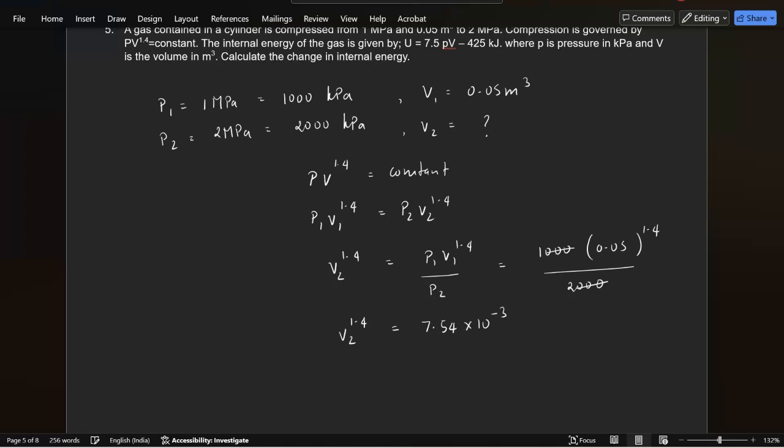Now do this also and tell me the volume. How much meter cube? Okay, coming to about 0.03 meter cube. Okay, this is the volume V2.